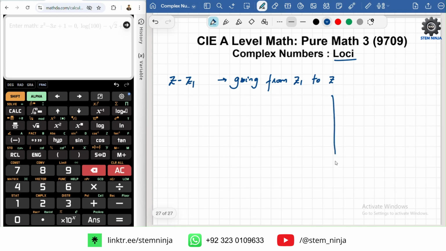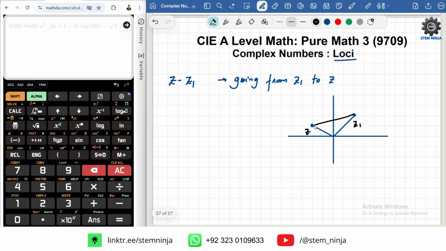So if you draw an Argand diagram of two complex numbers, for example, one is this one, the other is, let's say, this one. So this is your z and this is your z1.